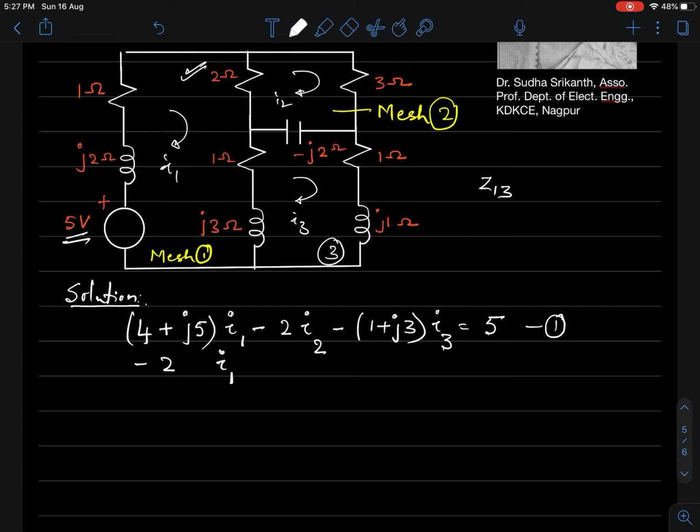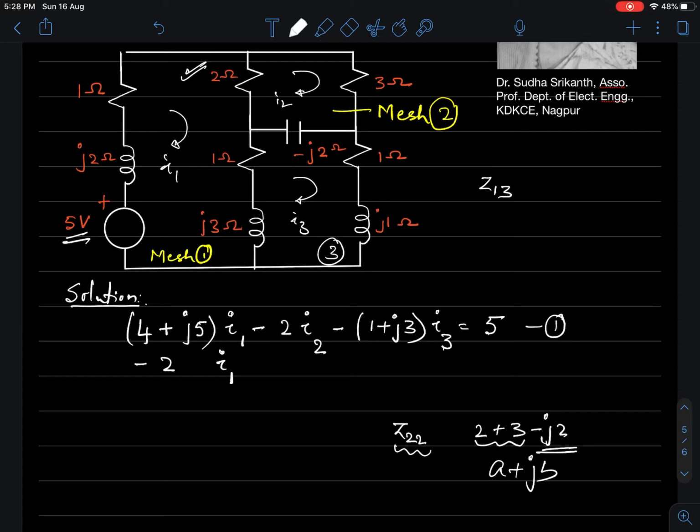Now, the second element is identified as Z22, the sum of the impedances contained in the second mesh alone. You have one 2 ohm resistance, one 3 ohm resistance, and minus J2. This is the reactance, this is the real part. Impedance is expressed as a complex number, A plus JB.